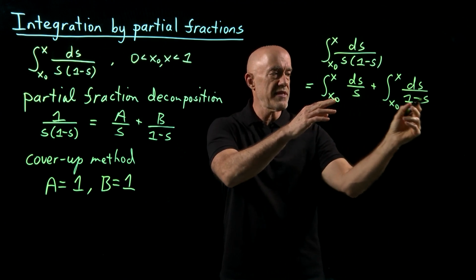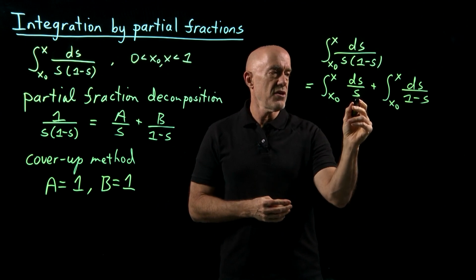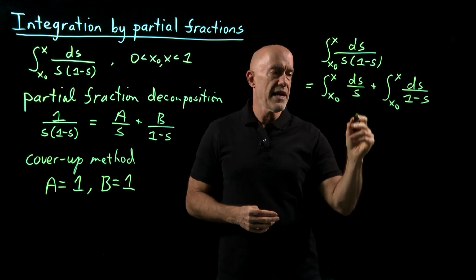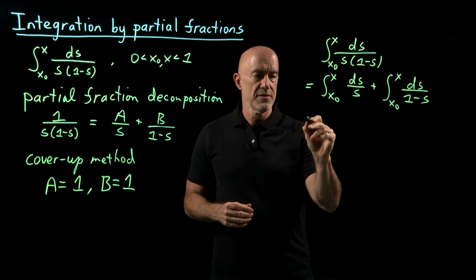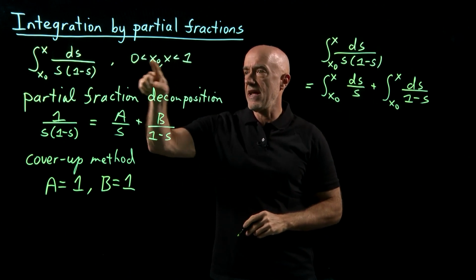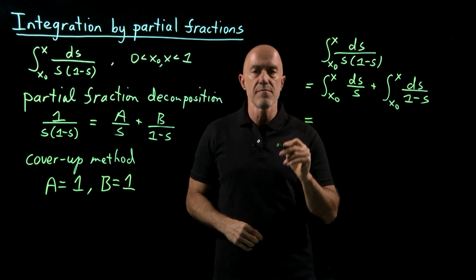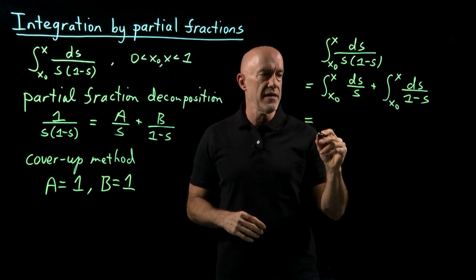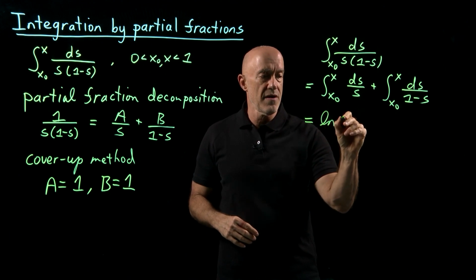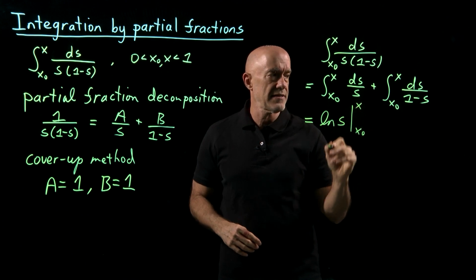Because of this reduction of the denominator to just a single monomial, we can integrate using logarithms. The integral of 1 over s ds, where x naught and x are between 0 and 1, is just the logarithm. We don't need the absolute value sign. So it's the logarithm of s evaluated between x naught and x.